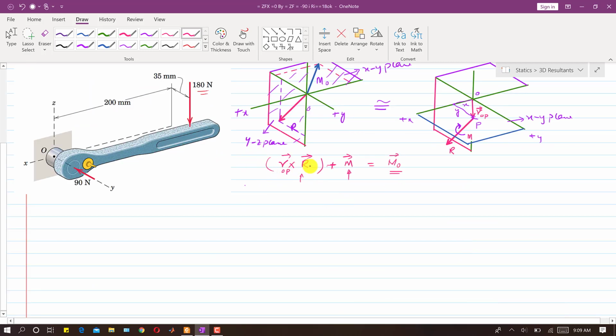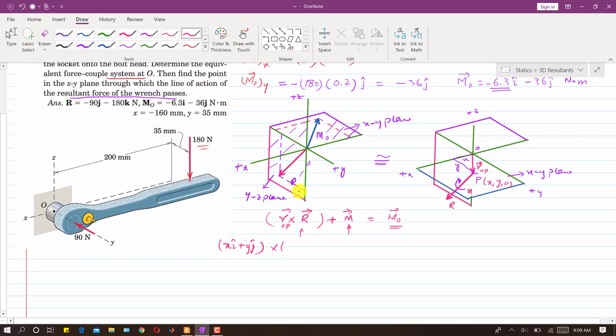So R_OP, what will be the coordinates of this point P? The coordinates of point P are X along the x-axis, Y along the y-axis, and 0 along the z-axis. So we can represent that R_OP vector in terms of these coordinates. So this R_OP vector will be xi plus yj, cross that resultant.